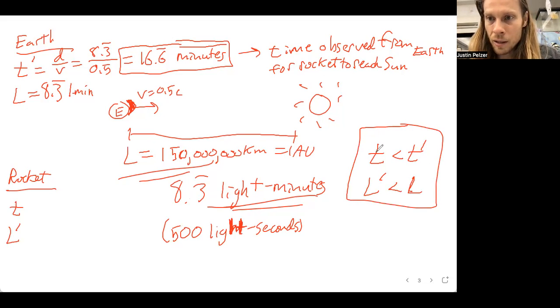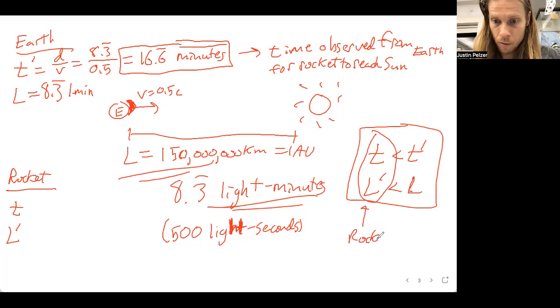So T is the observed time inside the rest frame of the rocket, which is moving. And this is how much it observes space, the distance from Earth to Sun, to shrink. Because this is all from the rocket's perspective. This is not the length of the rocket. This is the length of space itself. So that's why I'm switching it, right? Rocket's perspective.